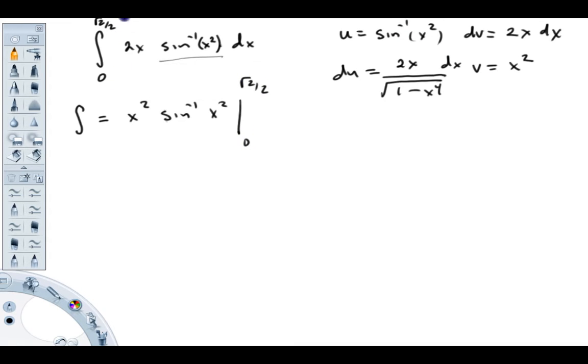This is a definite integral, so it has bounds. Minus the integral of v du, so that's going to be minus the integral of x squared times 2x dx over square root 1 minus x to the 4th. This integral also from 0 to root 2 over 2.